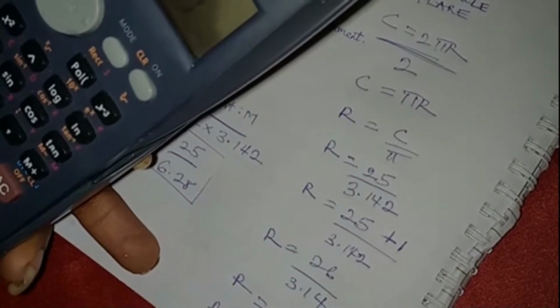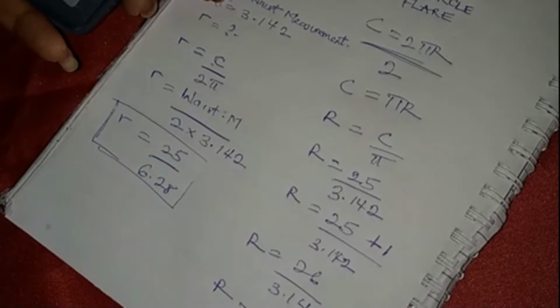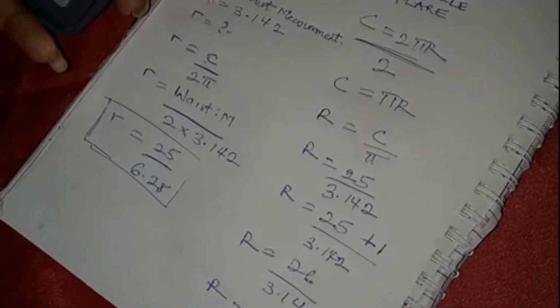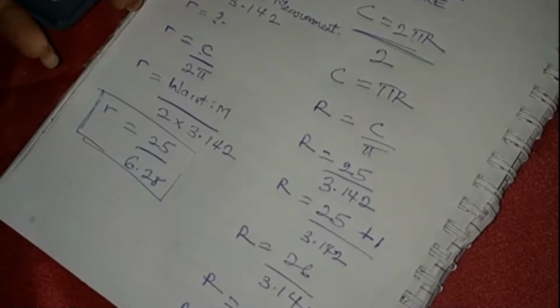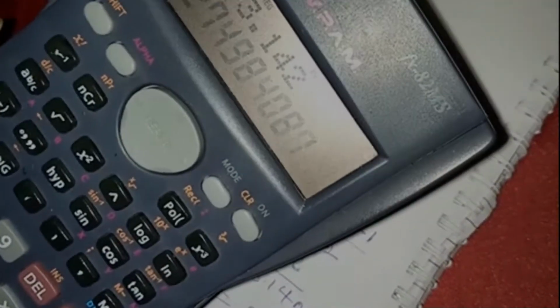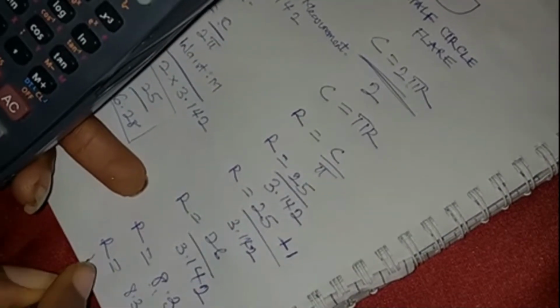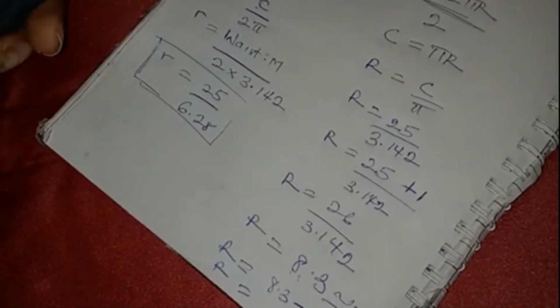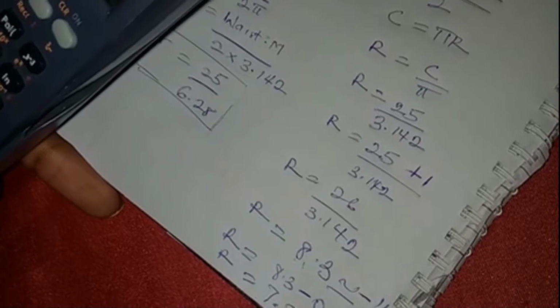Now to get the actual figure of the radius, you will subtract half an inch from this. When I'm cutting it, I will show you why the half inch is subtracted. So this answer, take away half, which is also 0.5. So 8.3 subtract 0.5, the radius equals 7.7 inches.